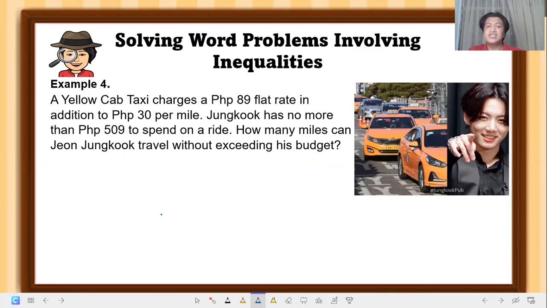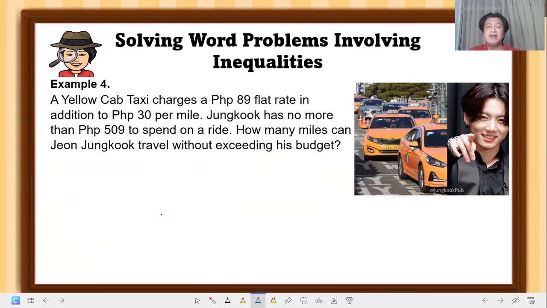A yellow cab taxi charges 89 pesos flat rate in addition to 30 pesos per mile. Jungkook has no more than 509 pesos to spend on a ride.